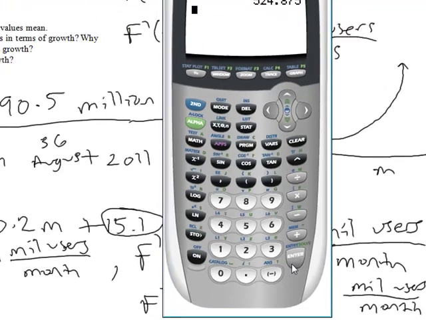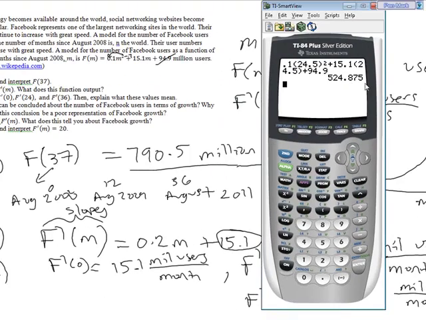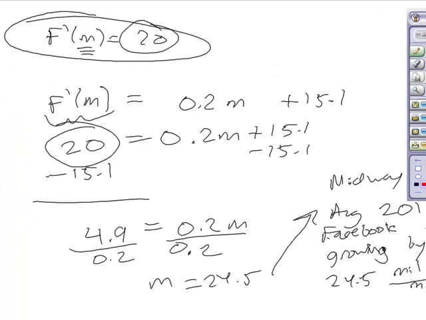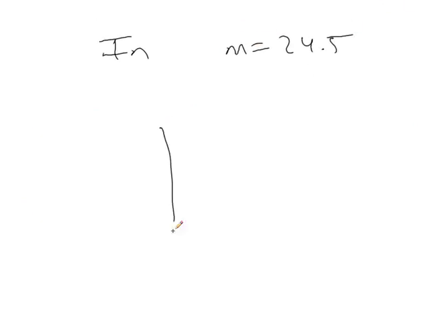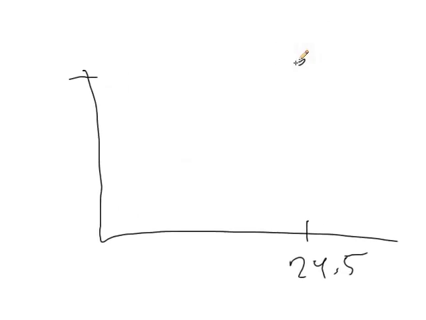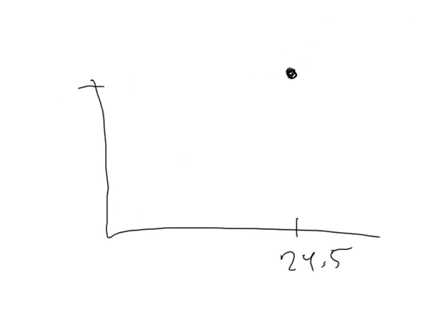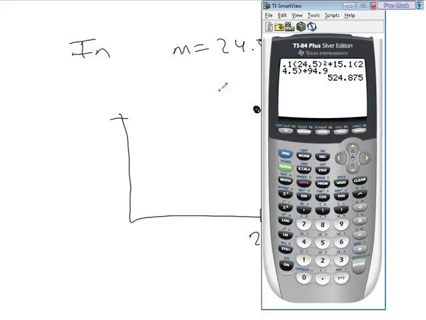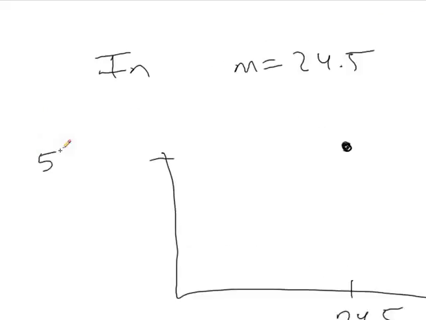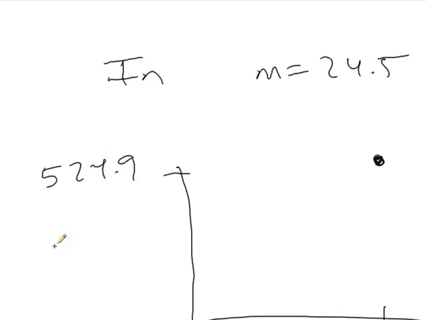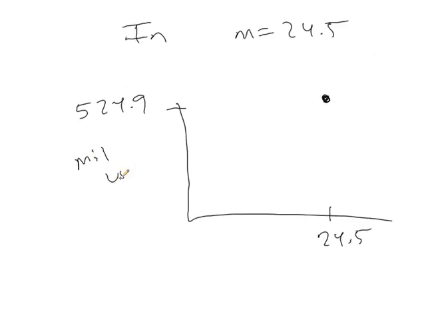And I get 524.9 million users. So at m equals 24.5, the output for that particular point would be what we just found, 524.875. So this is millions of users, and this is the month.